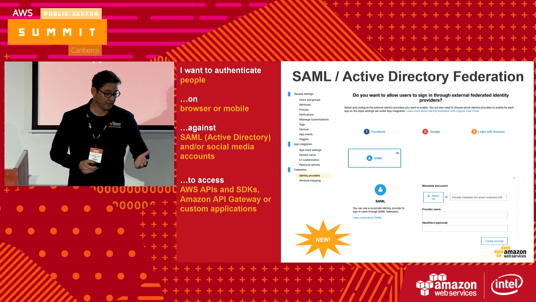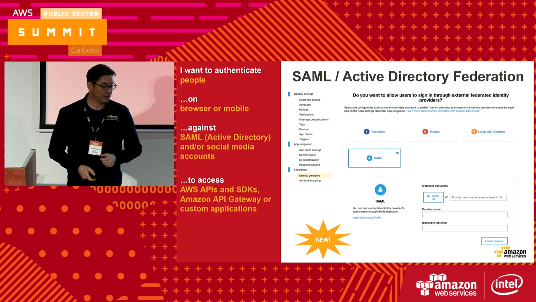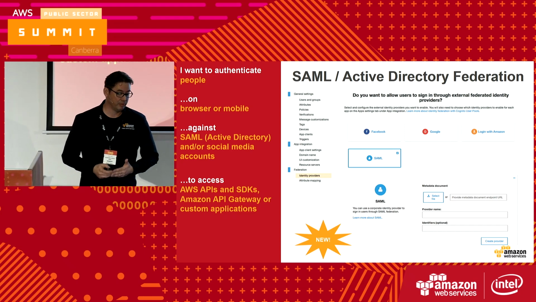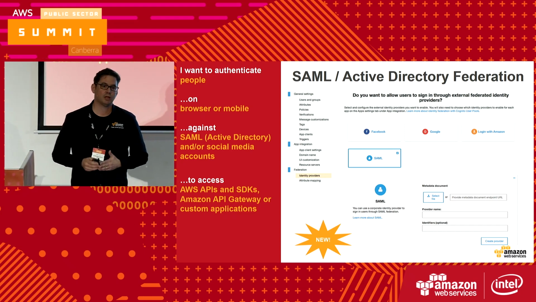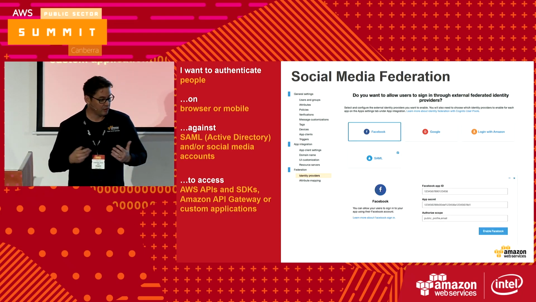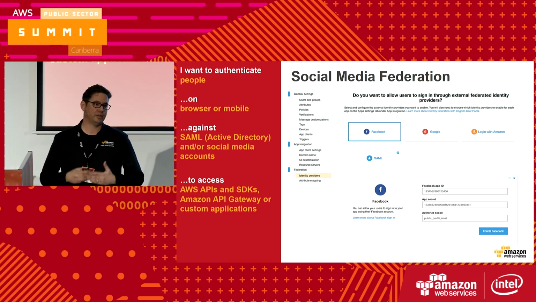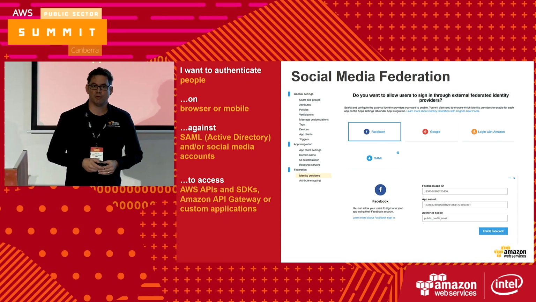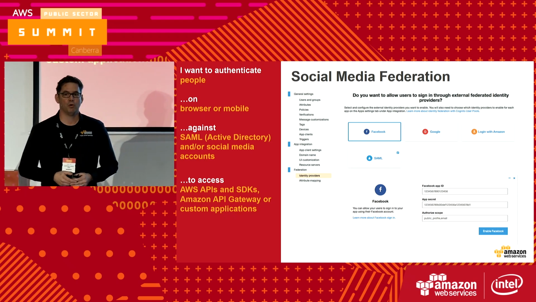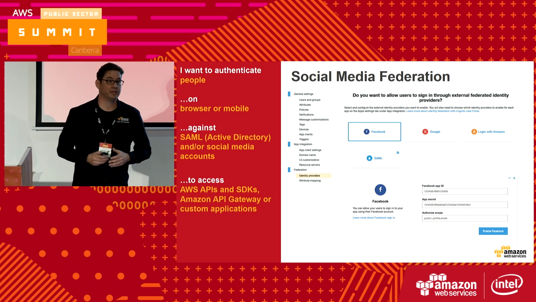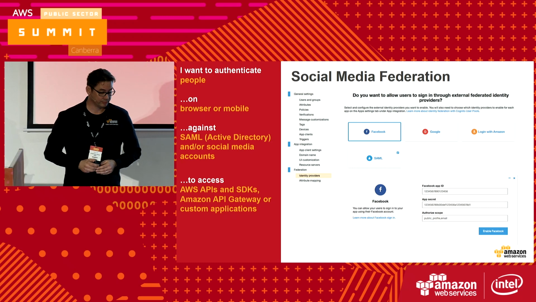It's been in beta for a little while, but what's new here is that on top of having the ability to configure a SAML compliant identity provider within Amazon Cognito user pools, we now have the ability to do the same for social identity providers, specifically Facebook, Google, and Login with Amazon. And what this allows us to do is provide a single pane of glass and to be able to extend those social media or corporate identity scenarios that we talked about earlier.